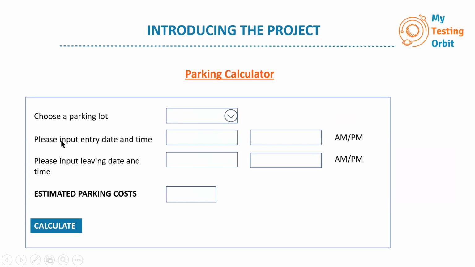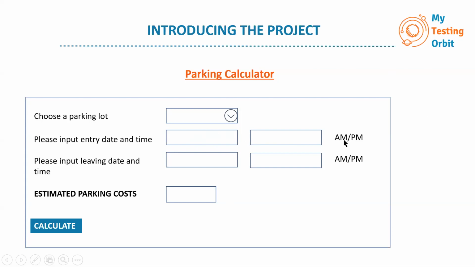Then we will have an input for entry date and time, and over here it can be a text field, or maybe we can also add a calendar plugin where we can choose the date, or it can simply be a text field as well. Then for time, the same thing: either we can input the time ourselves, or if there is any specific format given, we can specify that.